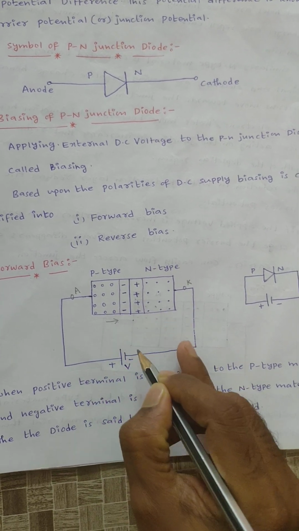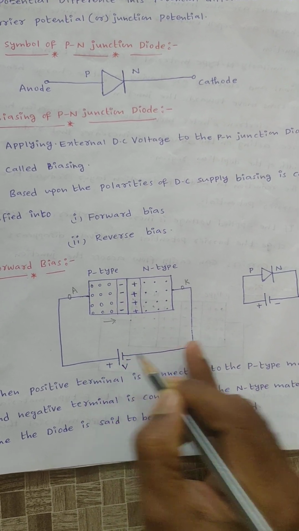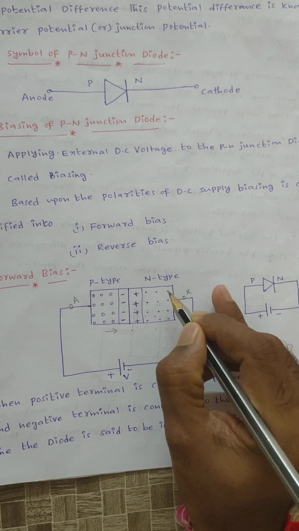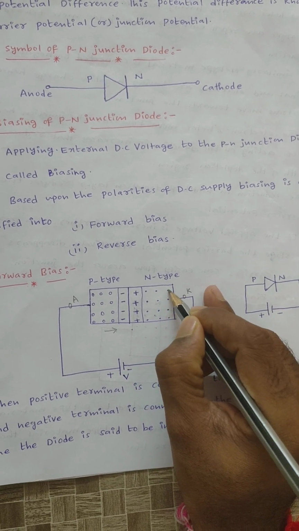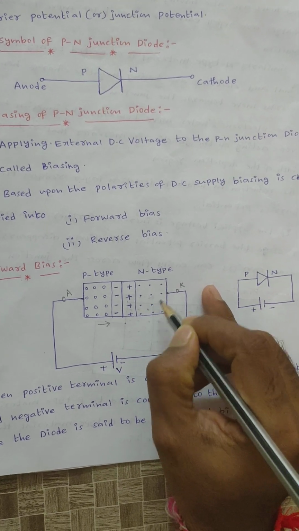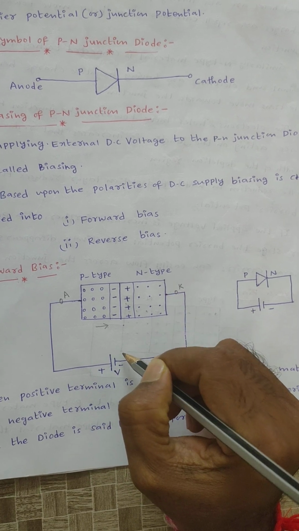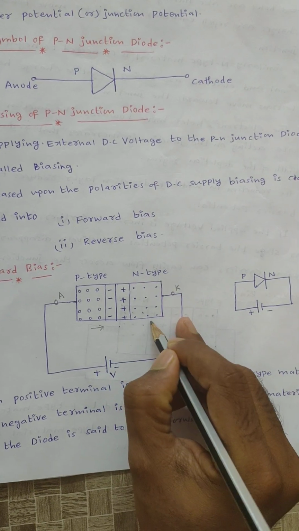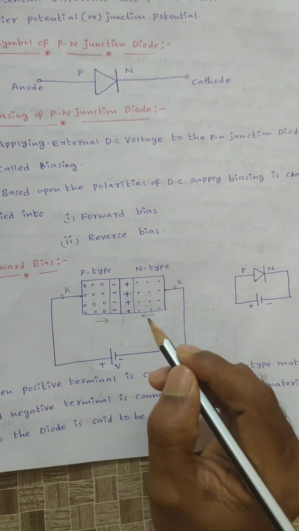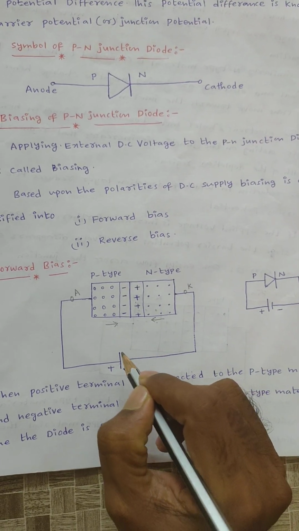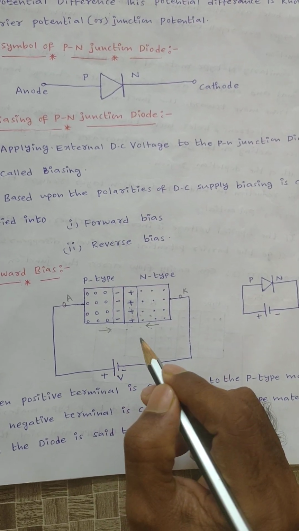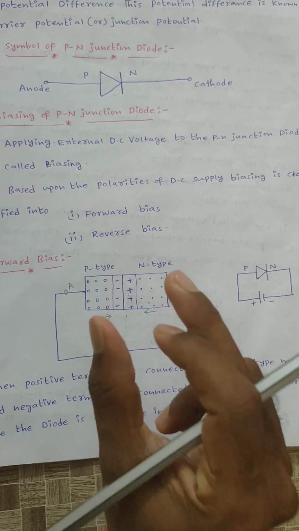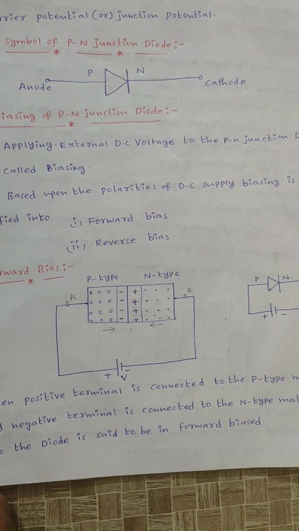Similarly, when the negative terminal is connected to the N type material, we already know that these electrons have negative charge, and they are connected to the negative terminal. Again two similar charges repel each other. That means if the diode is in forward bias, the force acting on the junction increases.